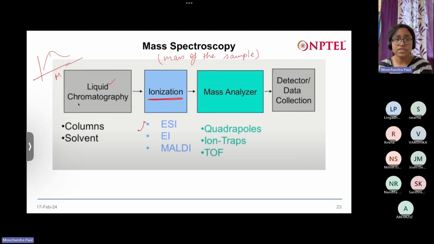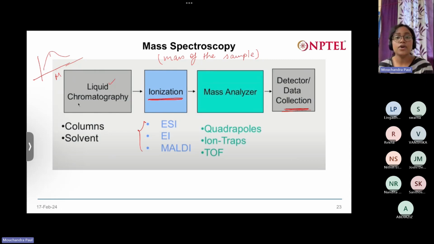Now once the sample is charged, you have to analyze it. Here the analyzer is composed of some magnetic and electric field. How the magnetic or electric field is created depends on various kinds of techniques like ion traps, TOF, quadrupoles. They interact with the charged samples and allow the charged sample to collect on a detector.